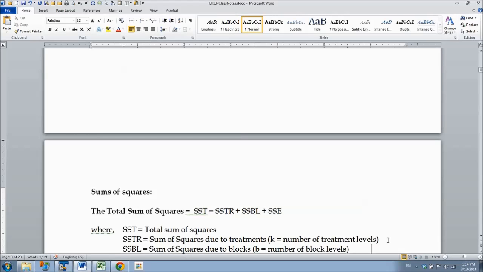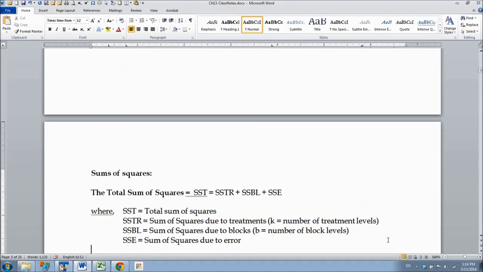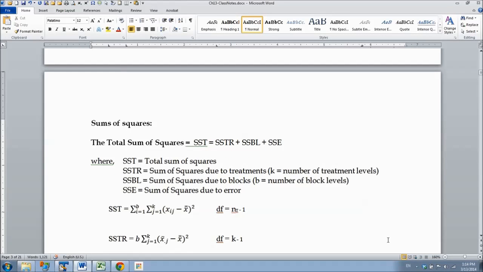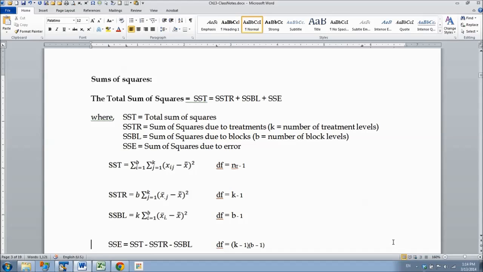SSBL stands for sum of squares due to block, and then SSE is sum of squares due to error. Here are the formulas for SST, SSTR, and the block SSBL, and the sum of squares error is then computed by subtracting the sum of SSTR and SSBL from SST.